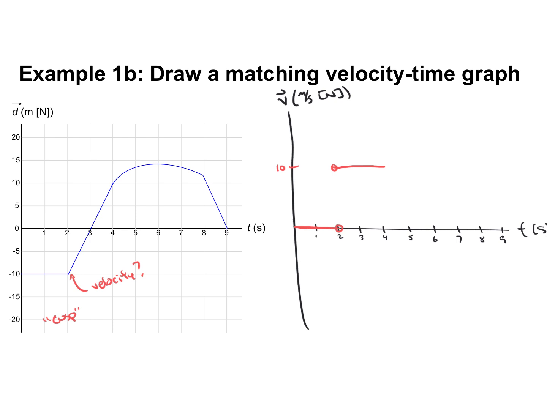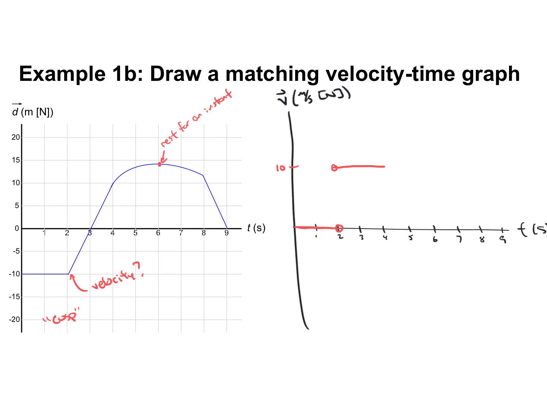Next, from 4 to 6 seconds, it was slowing down. And the 6 second point was a really special point. What happened at the very peak of that curve, it was instantaneously at rest, which means it has a velocity of 0.